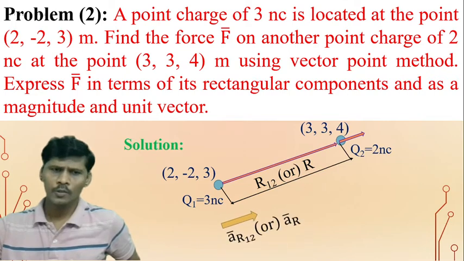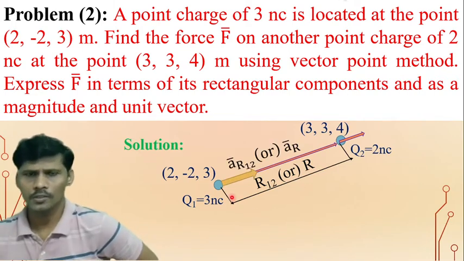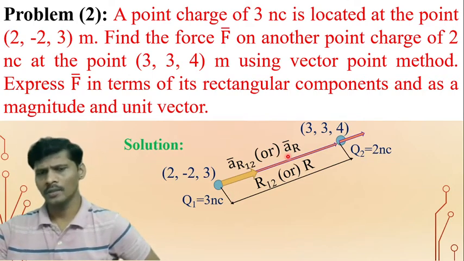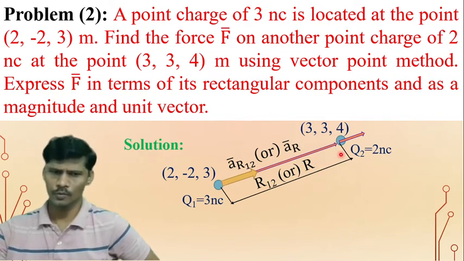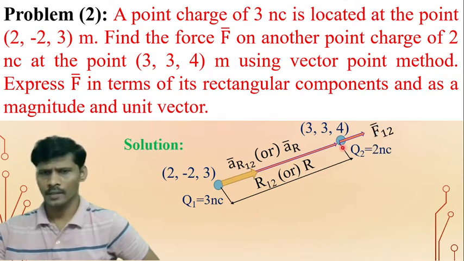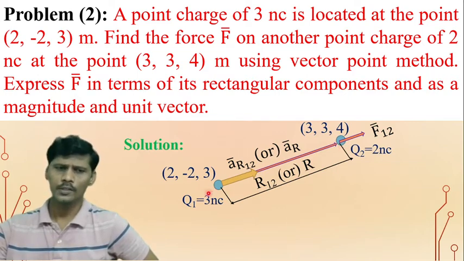AR12 bar or AR bar is the unit vector directed from charge Q1 to charge Q2. Along this direction, at the point charge Q2, the force is F12 bar. F12 bar is the force on the second point charge Q2 due to the first point charge Q1.